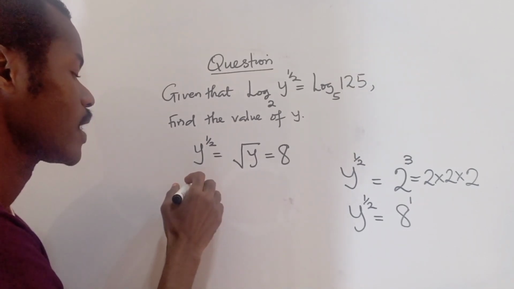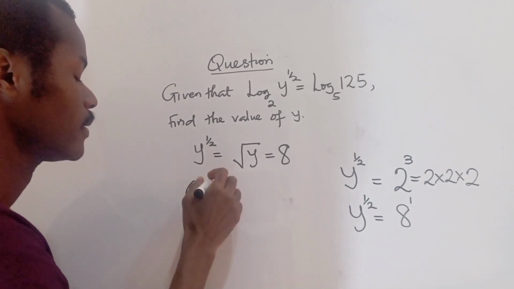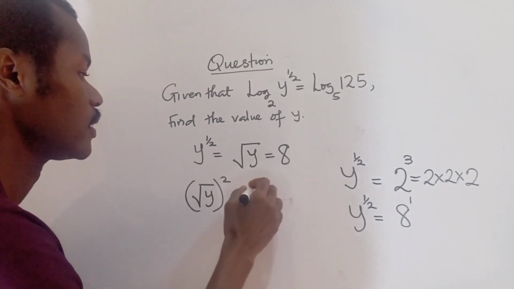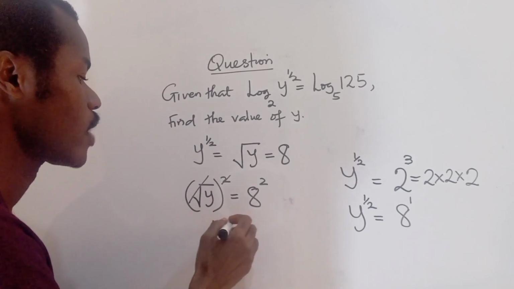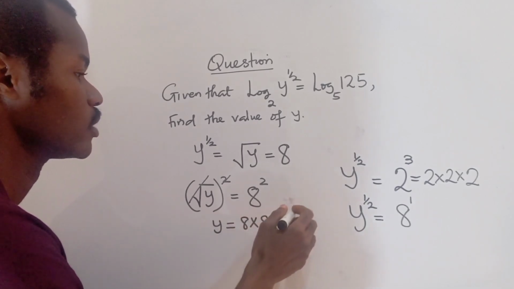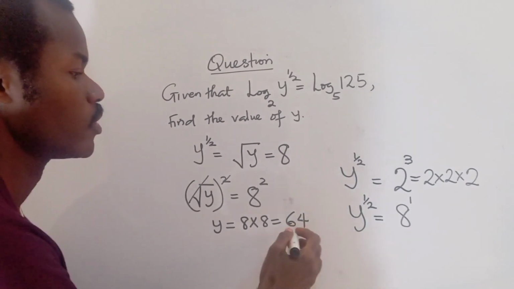So one way is we can take the square of both sides. So the square root of y squared cancels out, and we are left with y equal to 8 squared, which means 8 times 8, which is 64. So this is one method.